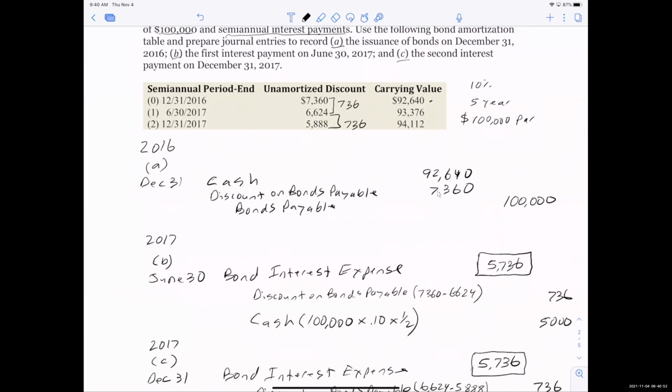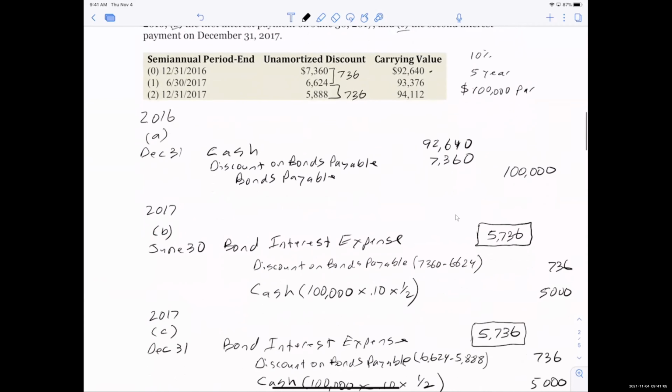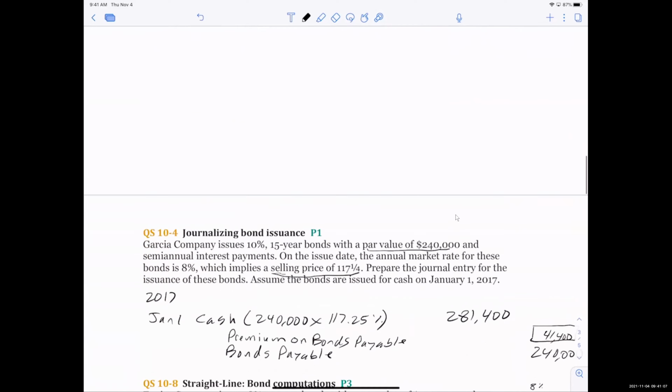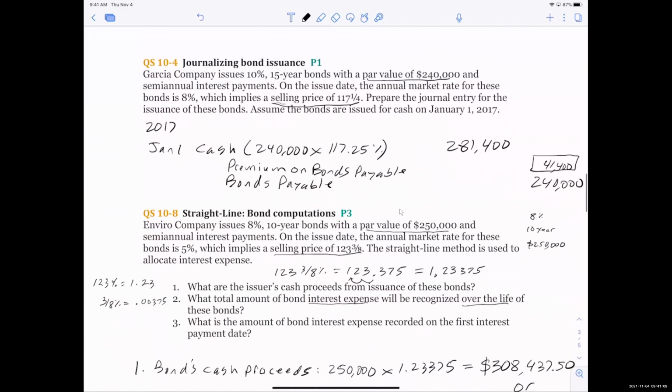So we're going to take it out of this account and add it to interest expense. So that's a debit, and that's why it increases the interest expense when you allocate it. Here, it's a credit. That's almost like revenue, right? So it's going to offset when you allocate this. You're going to allocate it against the interest expense, and I'll show you how that works.